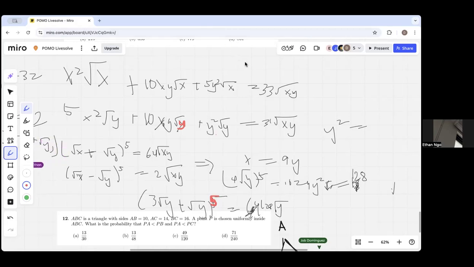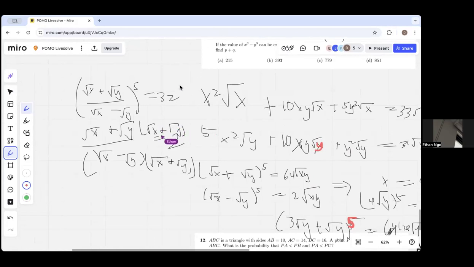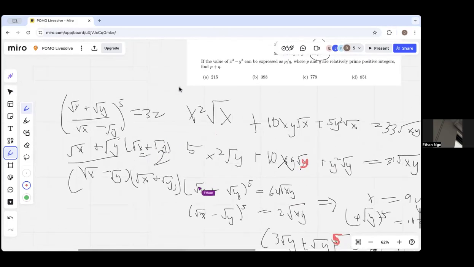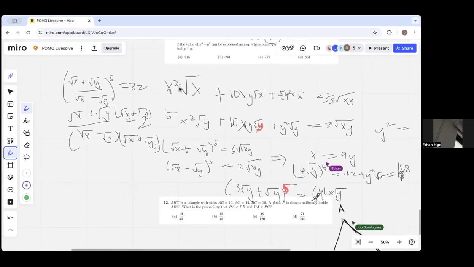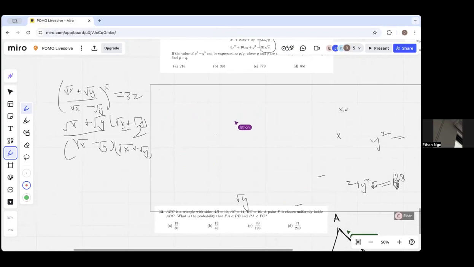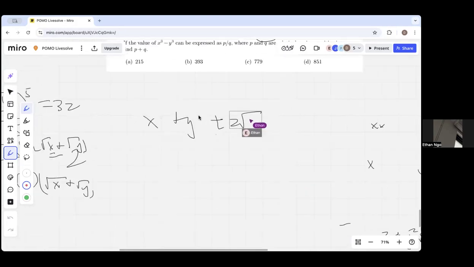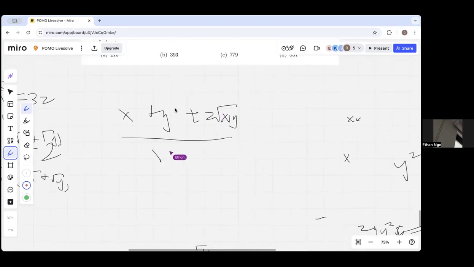Thus, if you multiply both the numerator and the denominator by root x plus root y, give me a sec to erase. You get x plus y plus 2 root xy all over x minus y equals 2.